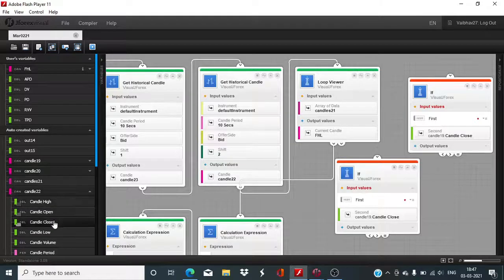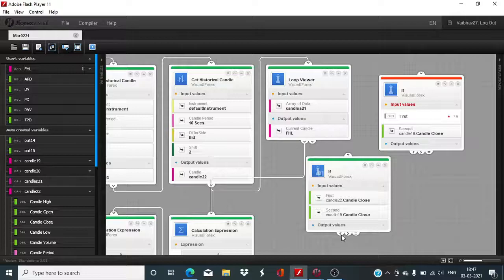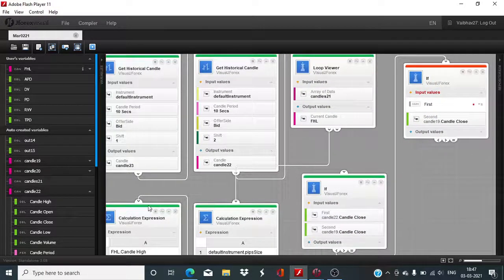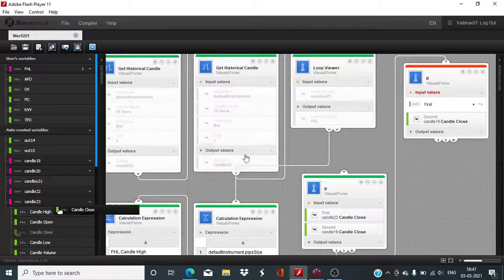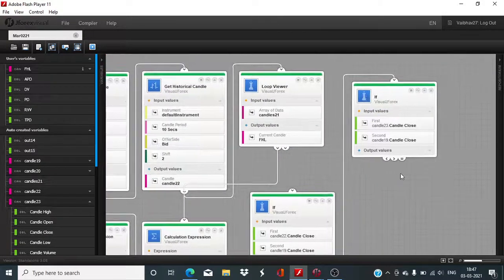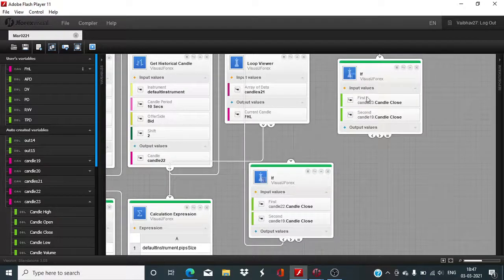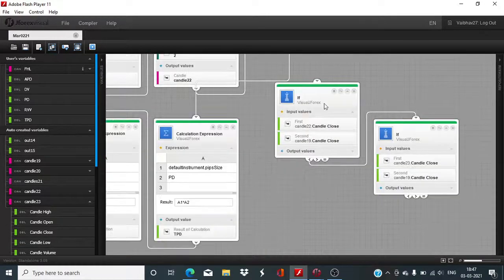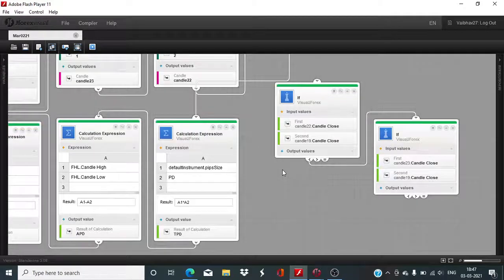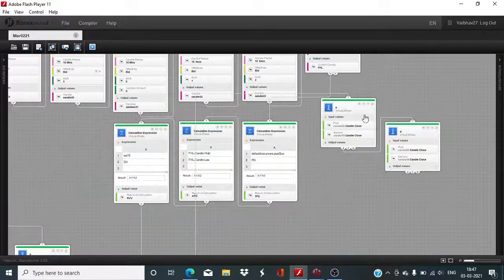So here this value needs to be less, first input less than second input, and candle 23's close needs to be greater. Okay, now let us arrange this block.